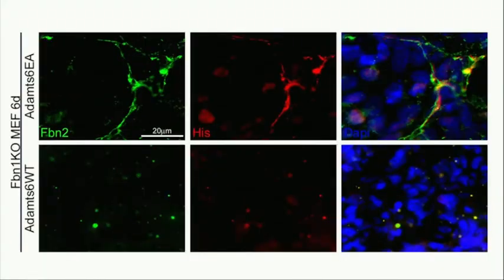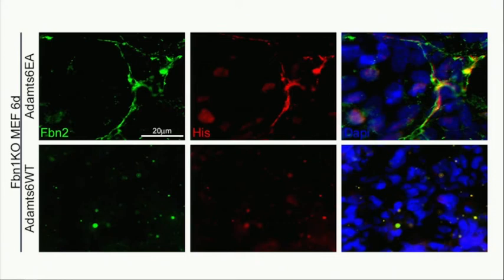And in fact, this cleavage is very important because if you culture fibroblasts and allow them to make fibrillin 2 microfibrils, which you see here, and you do that then in the presence of a catalytically active ADAMTS6, you don't get any microfibrils formed. So clearly, this enzyme is able to degrade microfibrils, and we've been able to show that it also degrades monomeric fibrillin 2 by biochemical assays.